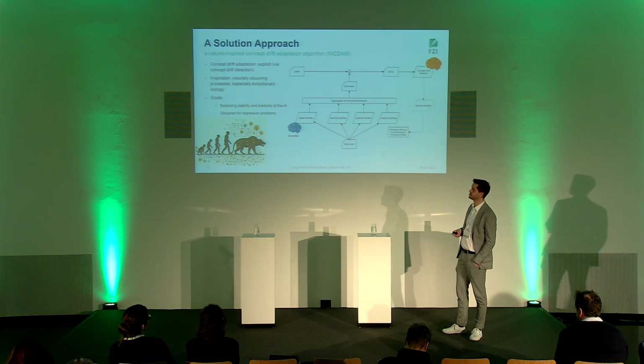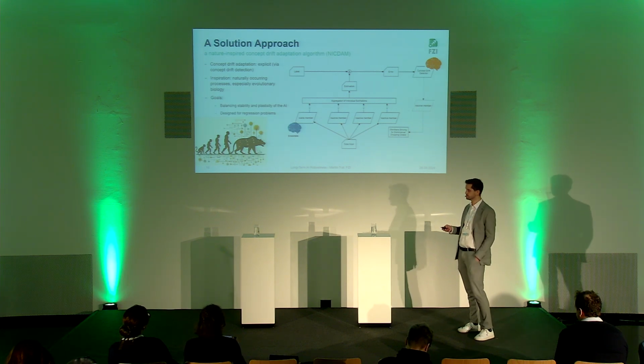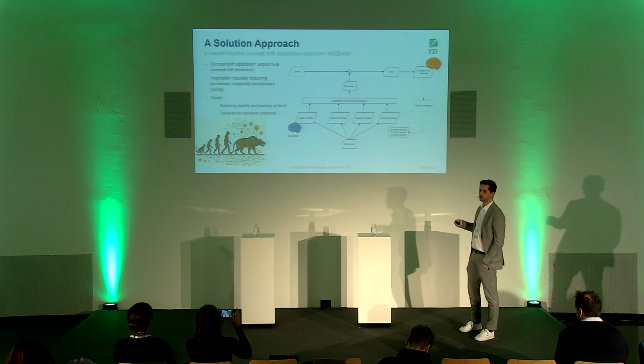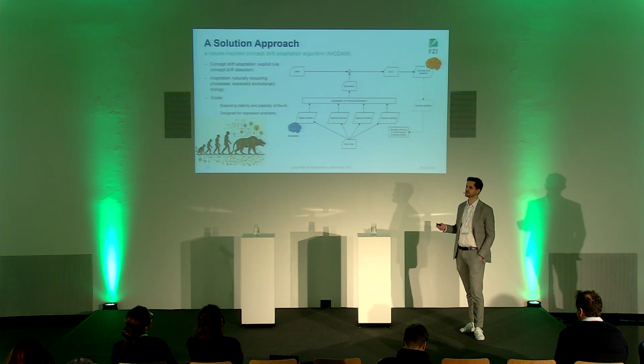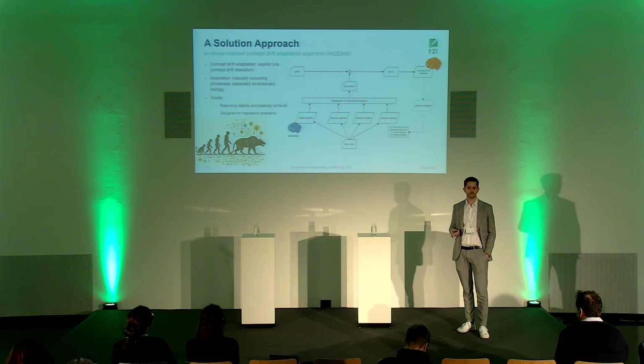As famously used, this is an ensemble approach, which is also already some kind of inspiration from nature. An ensemble, which is this region here, combines multiple single models, which is supposed to introduce some kind of diversity into the model.